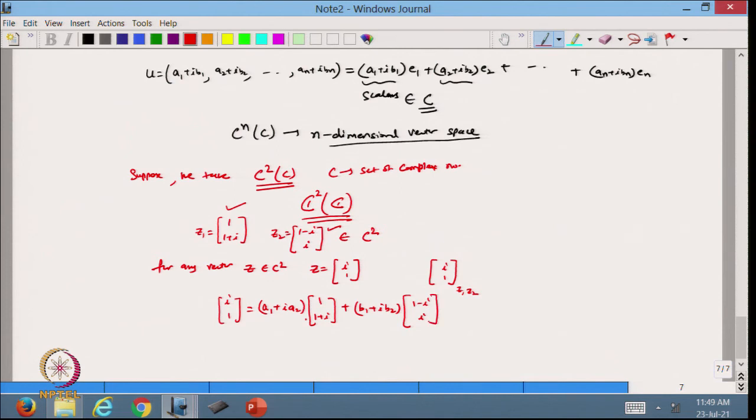So, I have defined the linear combination, putting this vector equal to (i, 1).